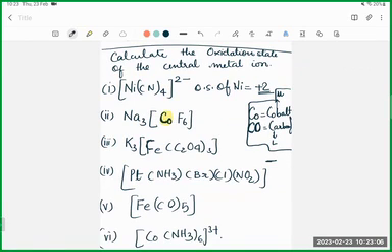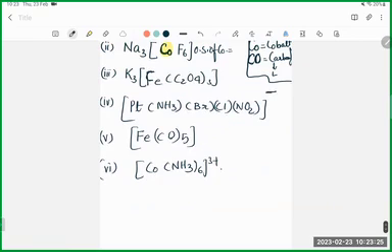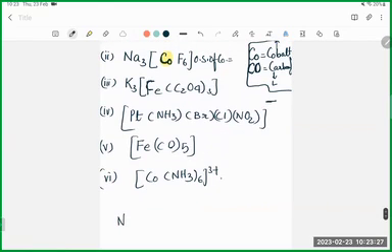I don't know how to do the third one. I'll help you. What is the cobalt oxidation state here you found? Is it 6? How did you calculate? The compound is Na3CoF6.